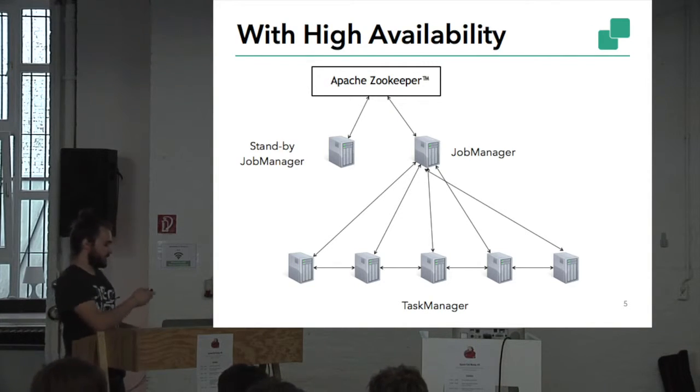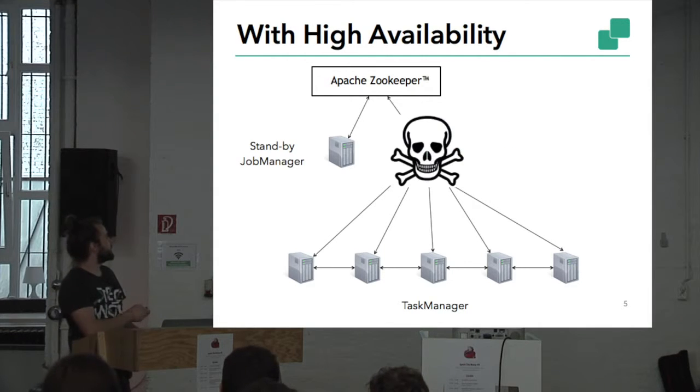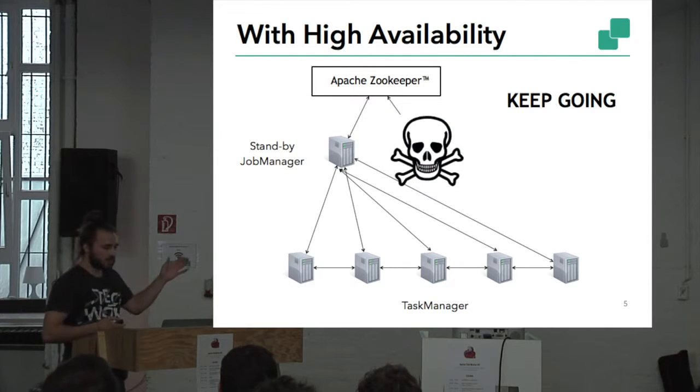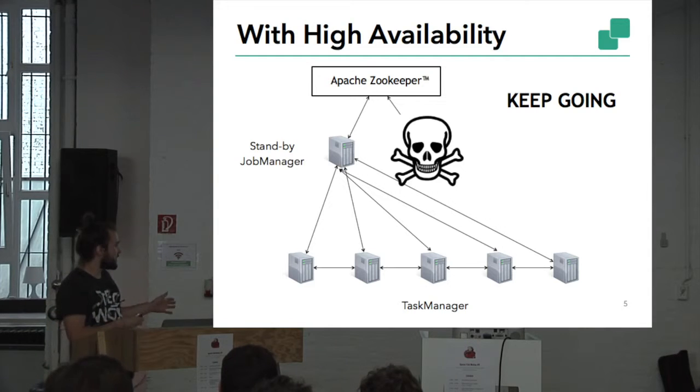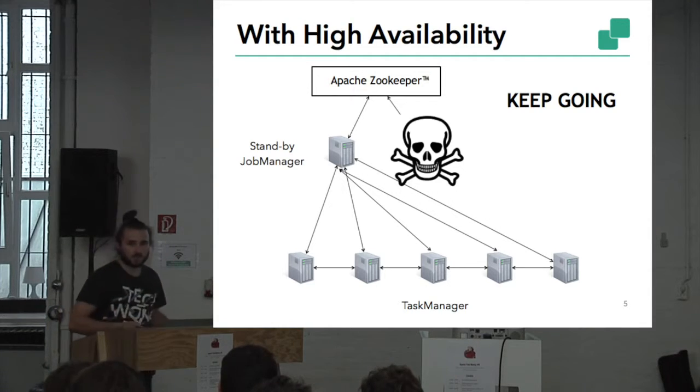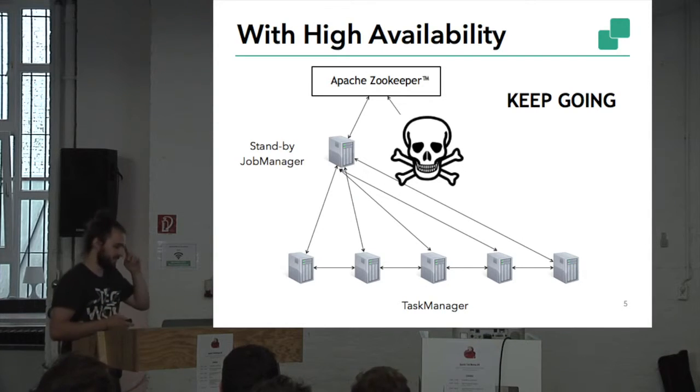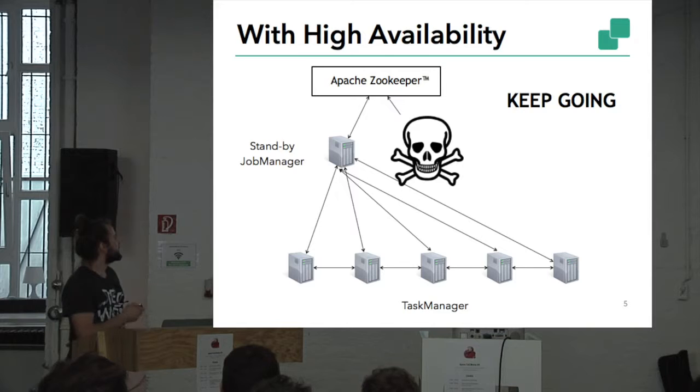If the job manager goes down, then the other job manager connects to Zookeeper, retrieves some stuff from there to take over from the old job manager, and the task managers connect to the new job manager, and the program just keeps going, hopefully. That's the basic idea behind the new high availability feature.